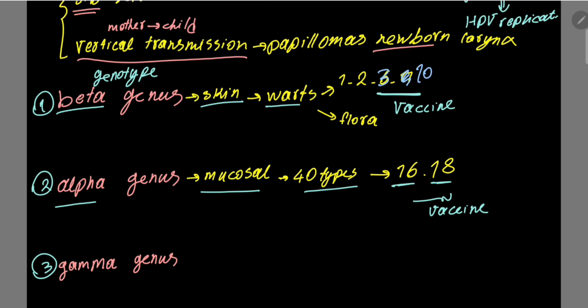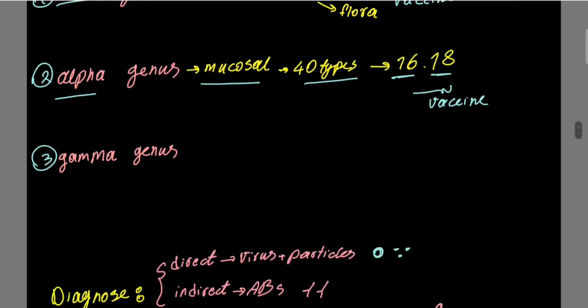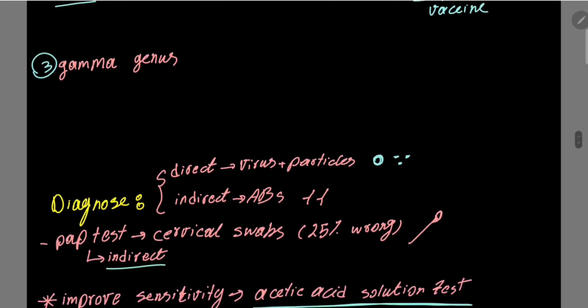And also this beta form can be a usual skin flora, not necessarily causing disease. And the alpha genus is for the mucosa, and it has 40 types. The most severe ones are 16 and 18, which have the vaccine. And we have another one, which is the gamma genus.